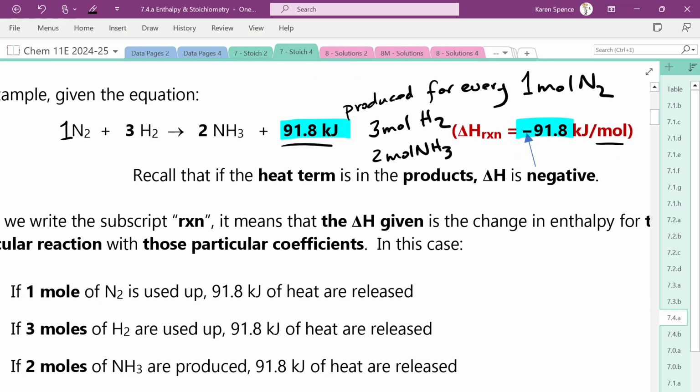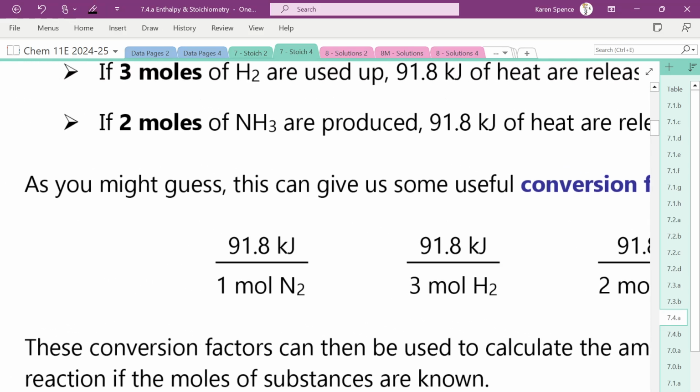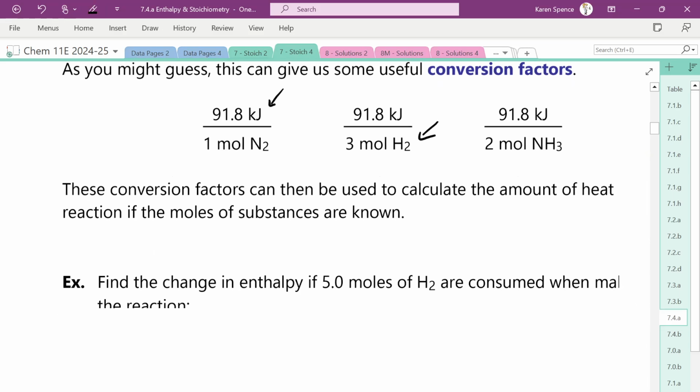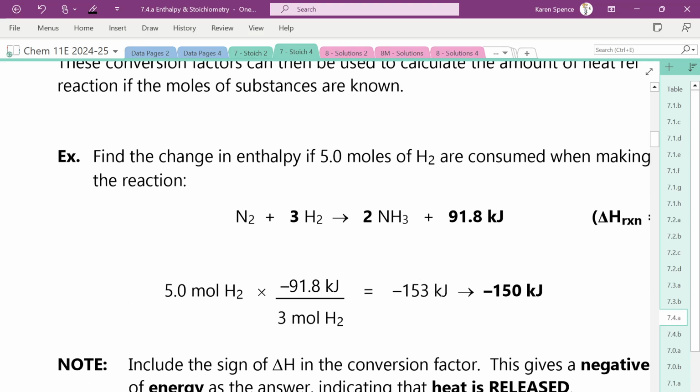So you could write these ratios. You can say, for every 1 mole of N2 used up, I get 91.8 kilojoules of energy produced. For every 3 moles of H2 used up, I get 91.8 kilojoules. And you can do calculations with that, just like any other calculation.